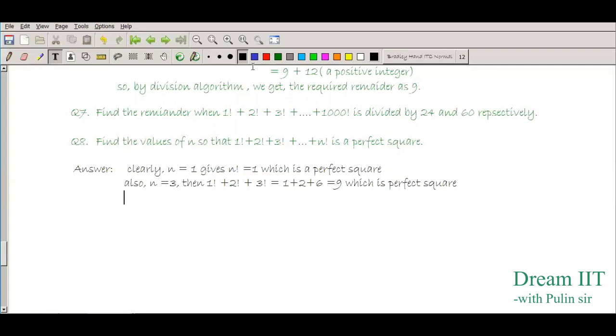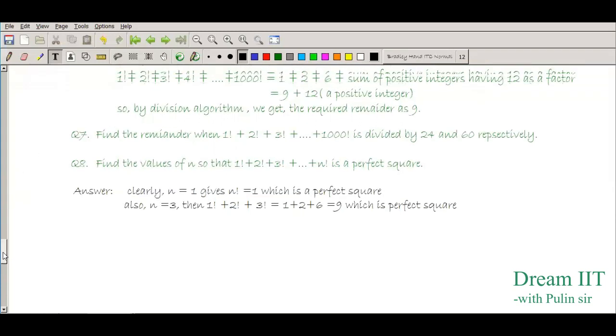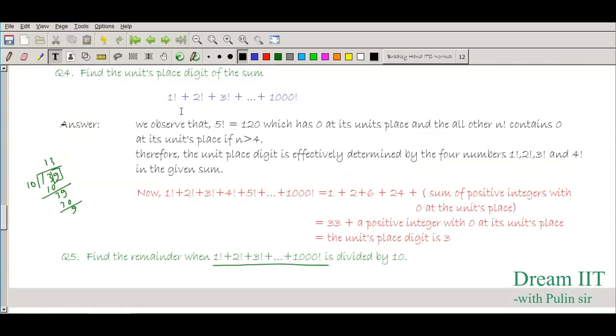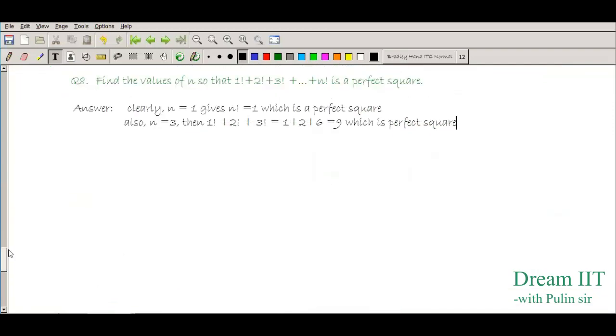So let us try to make some observations, right? Clear-cut observations. We have to go back to one of the previous questions. Here, what did we notice? When n goes above 4, the remaining numbers have 0 in the units place digit, and then the total sum finishes with 3, right?